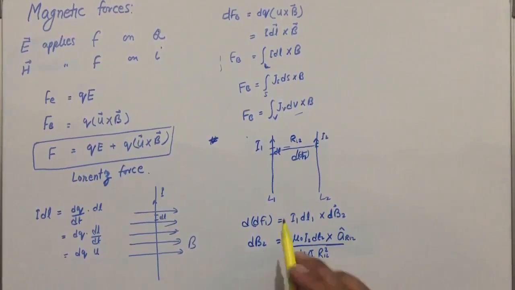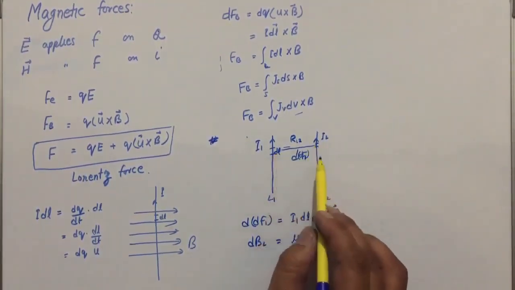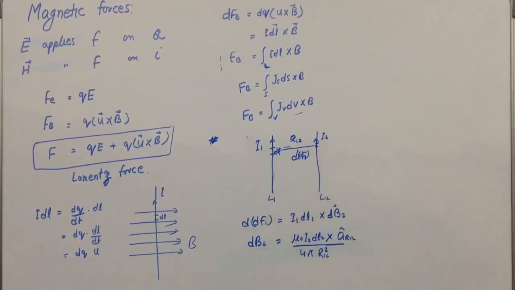This is the field at this point due to the current element I2 dl2.